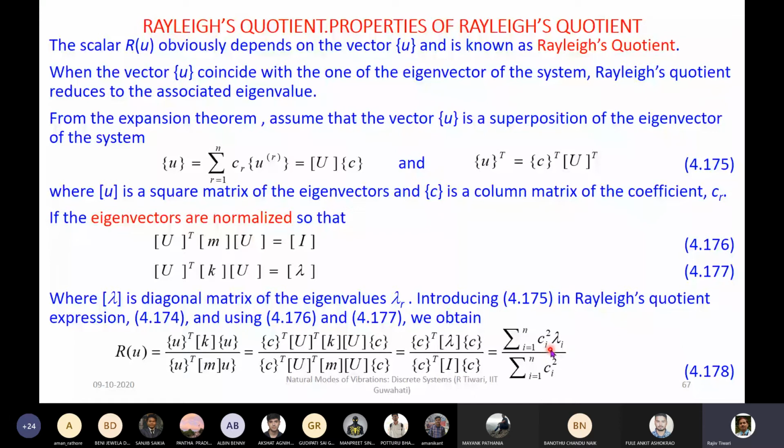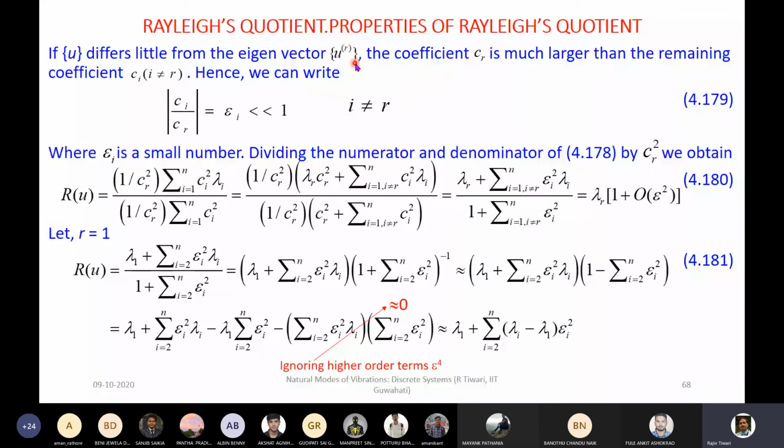So if u is close to u_r, C_r must be much larger than the remaining coefficients other than r. That means C_i by C_r, because C_i are the other values and are very small compared to C_r, we equate to a small quantity epsilon_i, which is much less than 1, because C_r is dominating, since whatever u we have chosen is very close to u_r. So we have defined this.